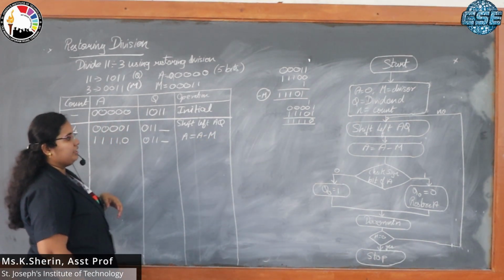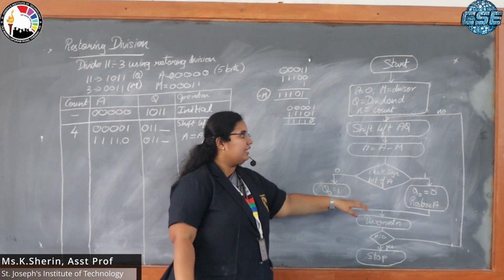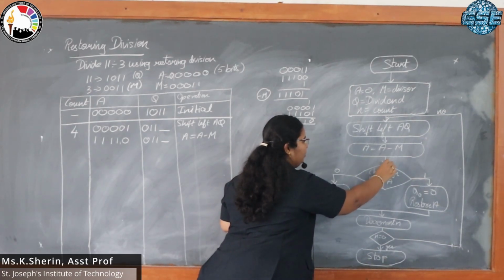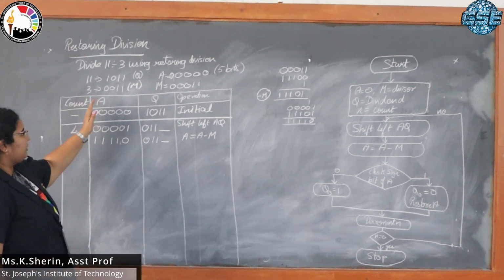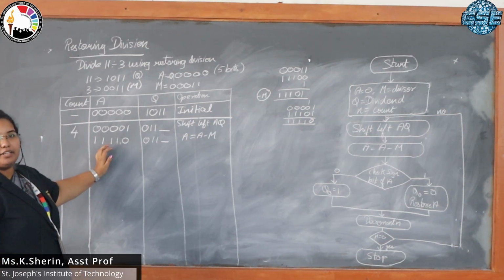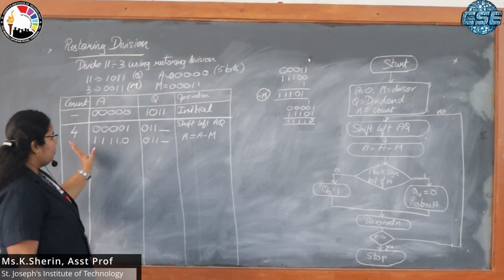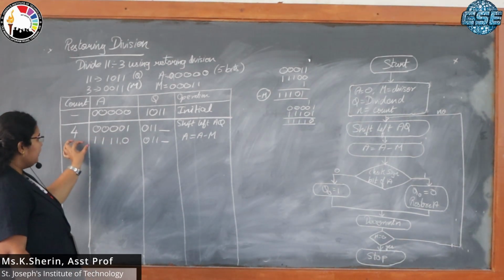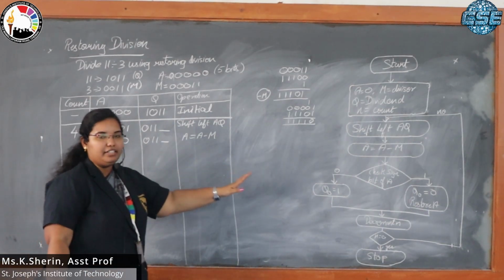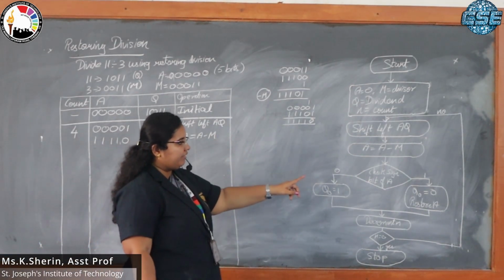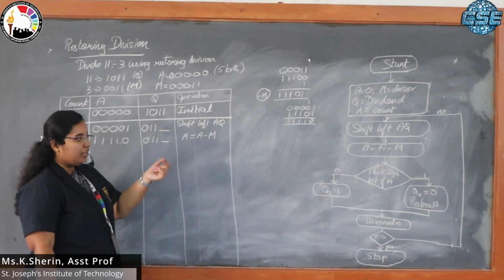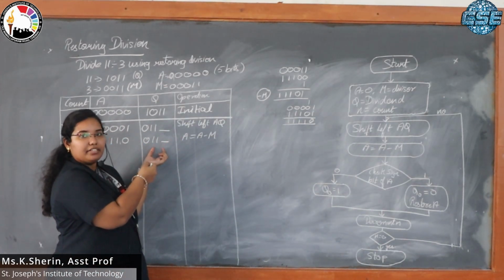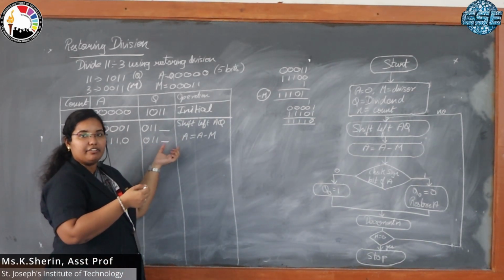So what is the next procedure given over here? Checking my sign bit of A. While checking your sign bit of A, you are supposed to check the most significant bit of A. In 5 bits, I am checking the first bit, whether it is 1 or 0. If my A value is 1, I am supposed to fill my Q0, which is nothing but the blank I left over here, right?